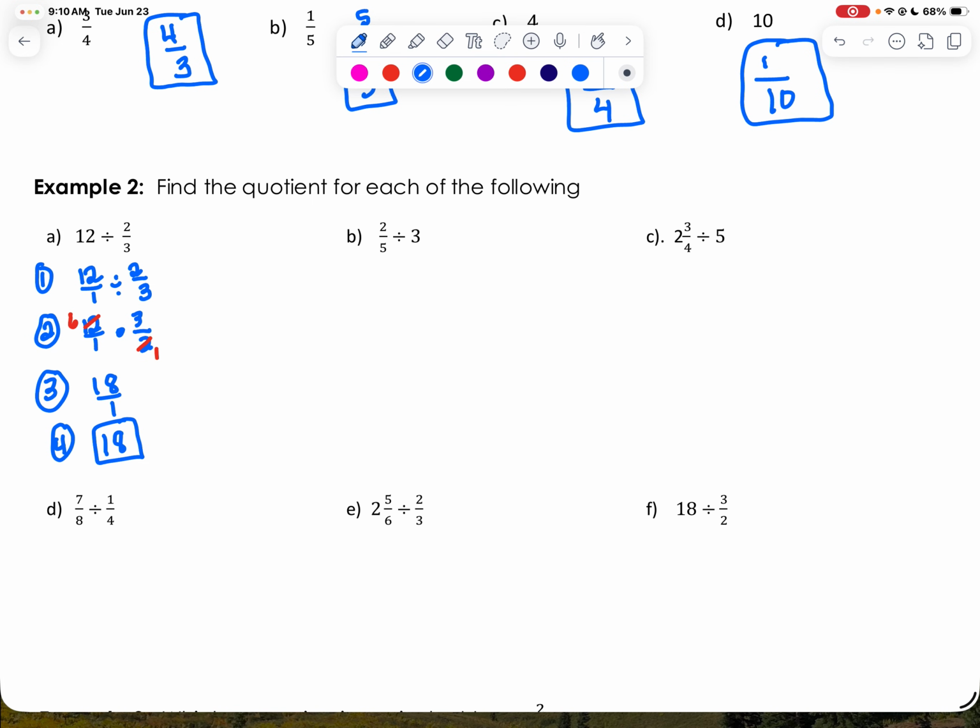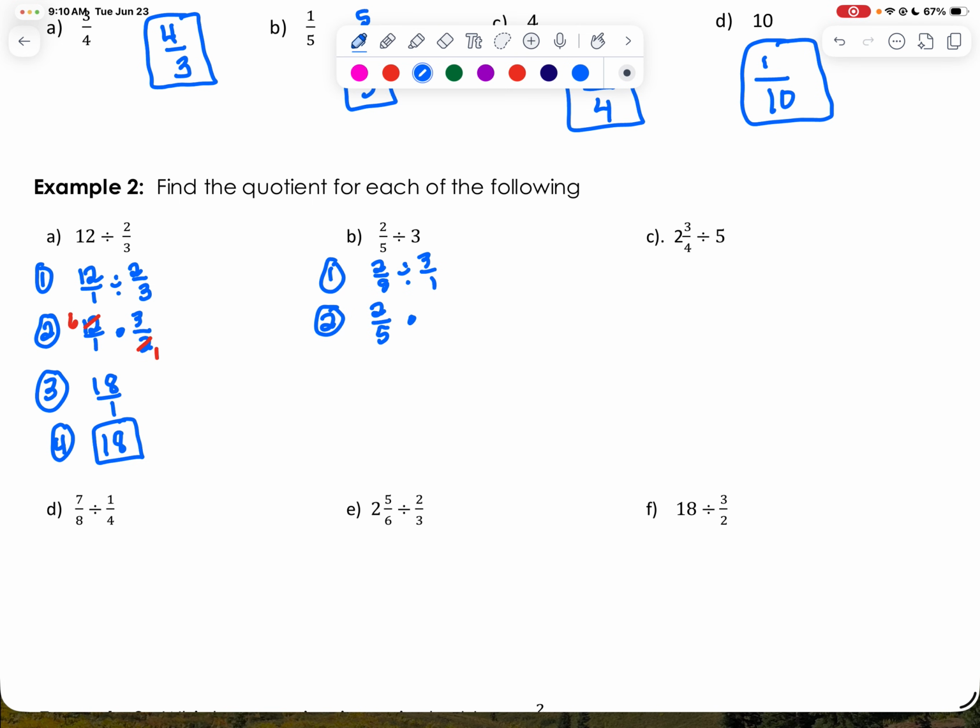All right, problem B, we have 2/5 divided by 3. So in step 1, I want to write both terms as fractions. So this would be 2/5 divided by 3 over 1. All right. Step 2, I want to rewrite it as a multiplication by the reciprocal. So keep your first fraction the same, 2/5.